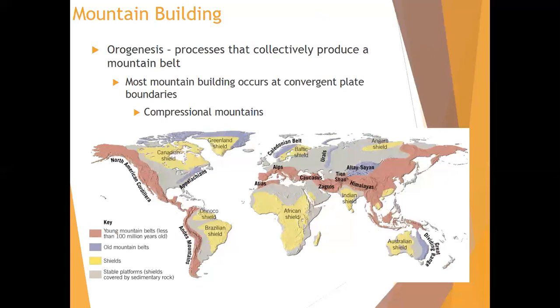Most mountain building is going to tend to occur at convergent plate boundaries. This is going to form compressional mountains. These are going to contain large quantities of pre-existing sedimentary rock and crystalline rock. These rocks are going to be faulted, contorted, folded, and pushed into mountains.